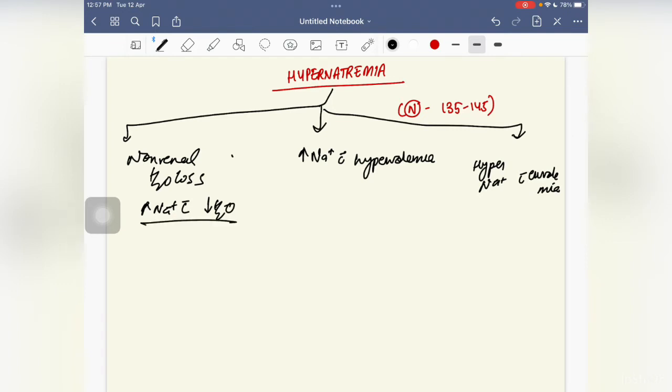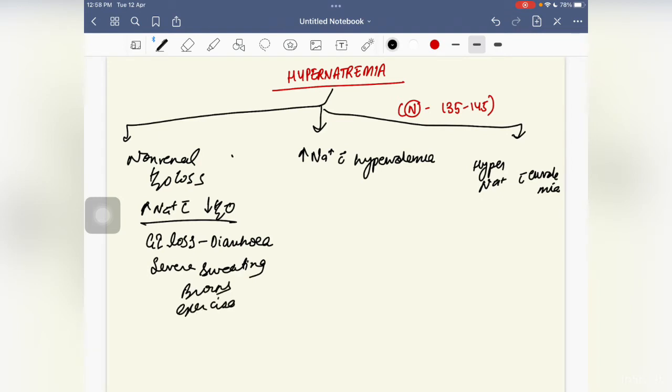This will be when the water level of the body goes down in case of GI losses, like in diarrhea, severe vomiting, severe sweating, burns, exercise, heat exposure. All these scenarios can lead to non-renal water losses causing hypernatremia with hypovolemia.